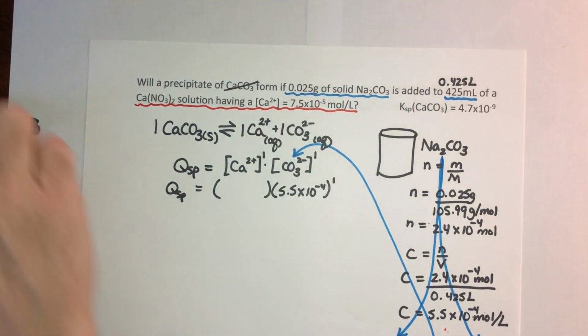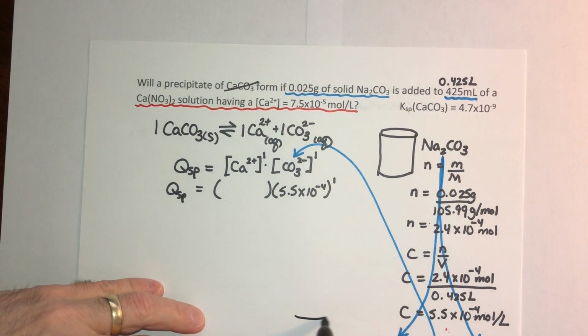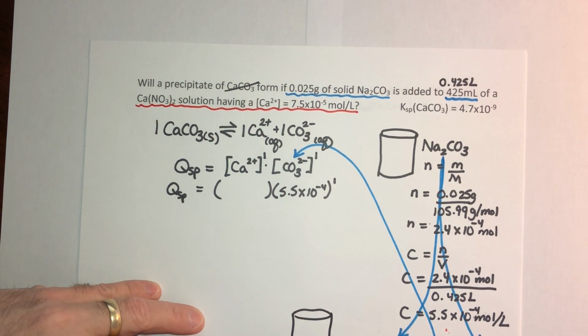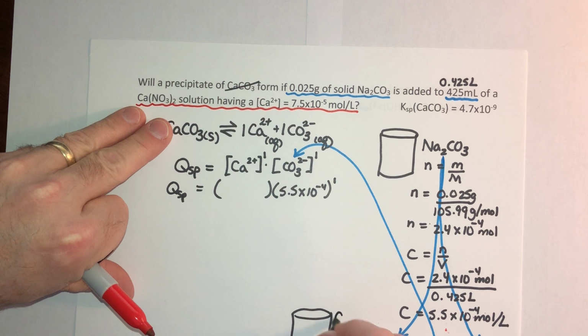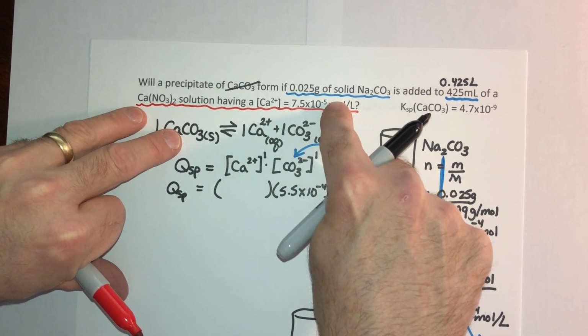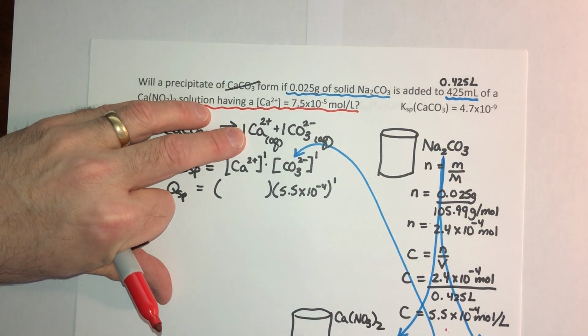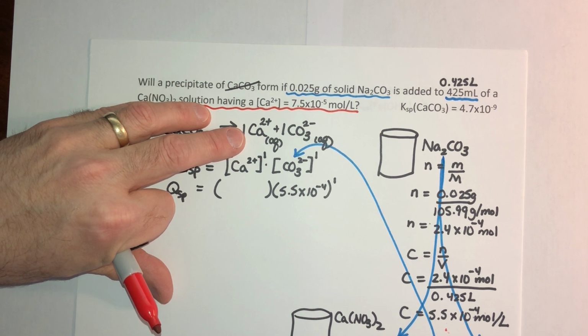So for this second chemical here, basically they're saying, oh, here's your container. It has calcium nitrate in it. And somebody already did all the calculations for you, and they're telling you that the amount of calcium 2 plus is 7.5 times 10 to the minus 5 moles per liter.